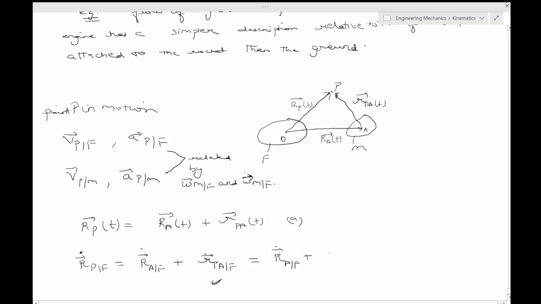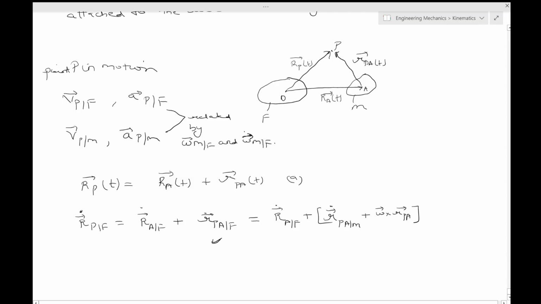It can be written as R dot PA by M plus omega cross R_PA. Okay. So this is something which you should revise. Just see that derivation again. Okay, it was a constant vector in the frame M, and R_PA is constant in M, because it is with respect to that frame. So please see that once.